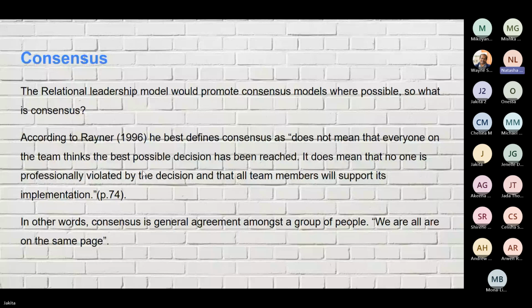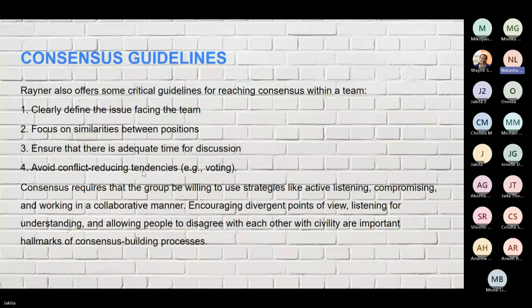And then we're going to look at some consensus guidelines. Consensus is not easily achieved, and so Rayner also proposes some critical guidelines for reaching consensus within a team. 1, clearly define the issue facing the team. 2, focus on similarities between positions. 3, ensure that there is adequate time for discussion.